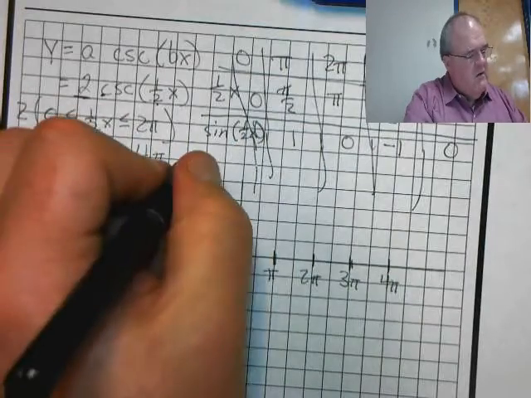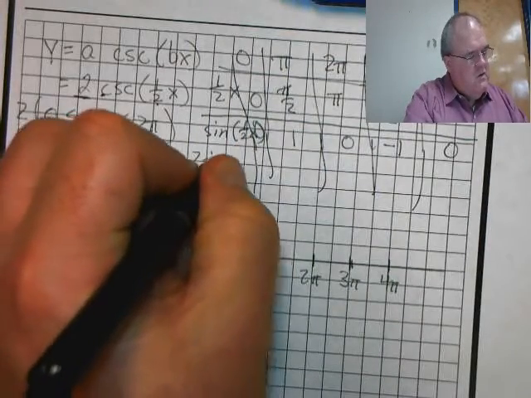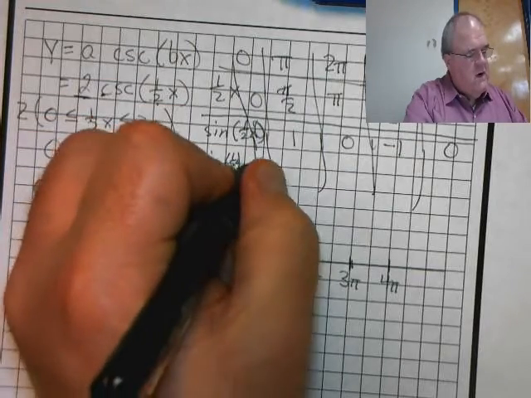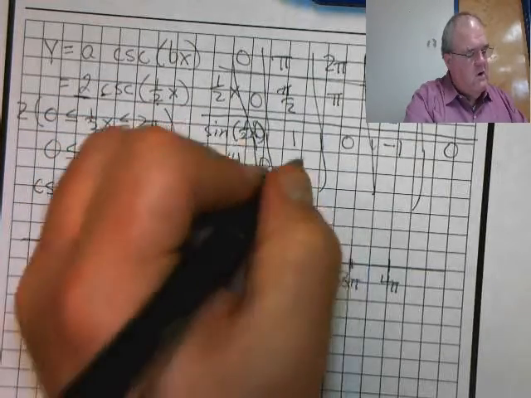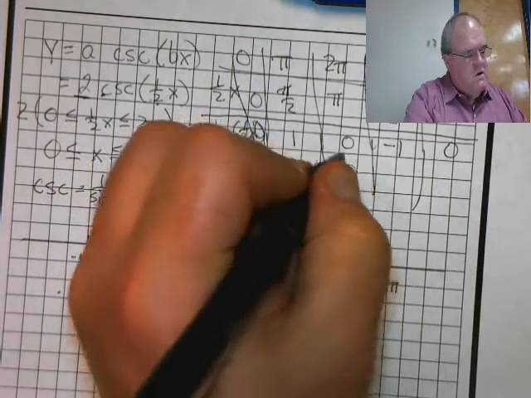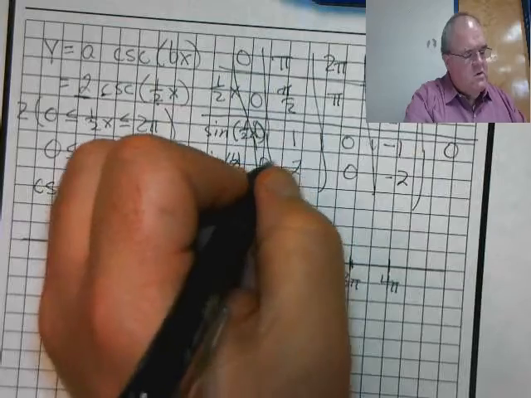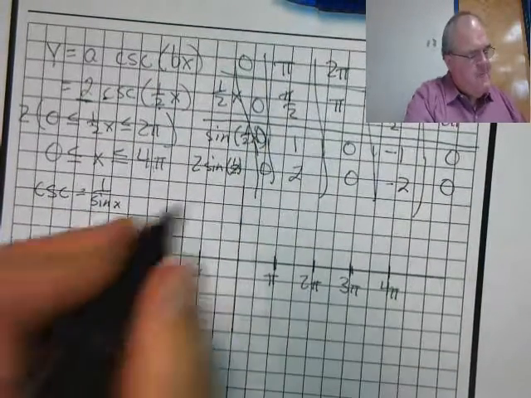And now I have 2 sine 1/2 x. 2 times 0 is 0, 2 times 1 is 2, 2 times 0 is 0, 2 times negative 1 is negative 2, 2 times 0 is 0.